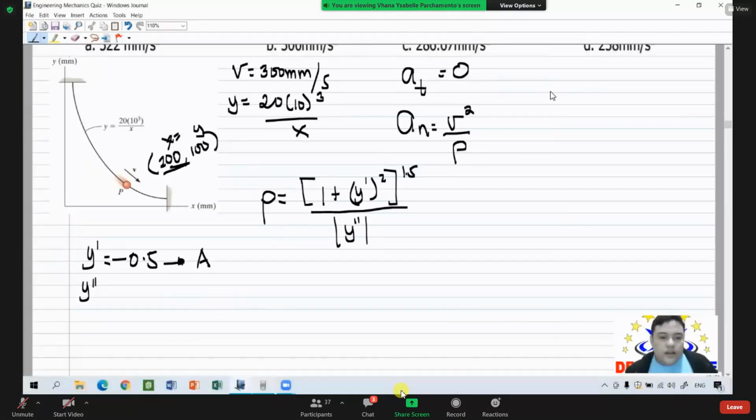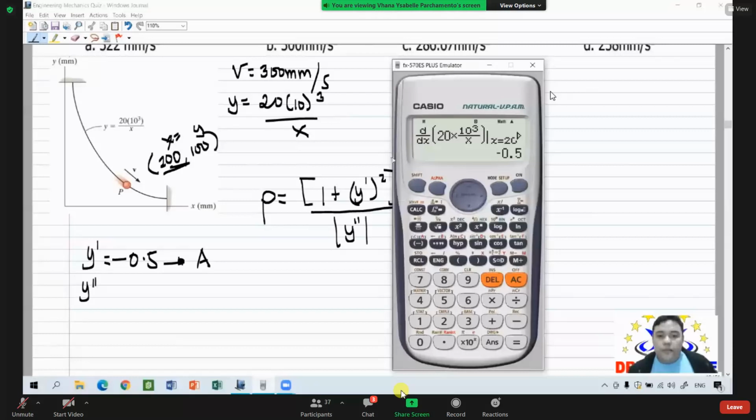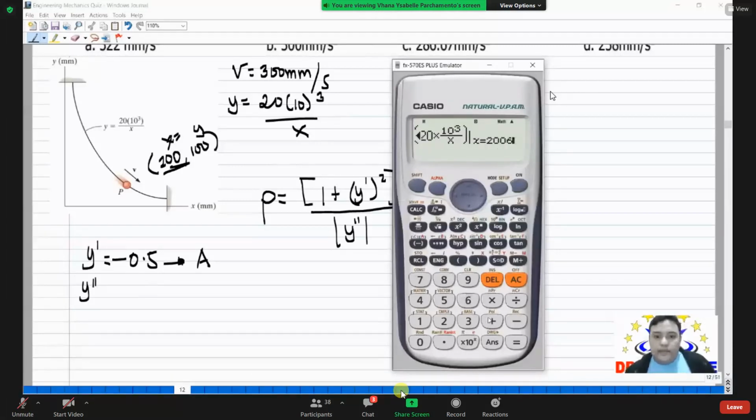So magpa-plus tayo ng small number dito. So that is plus tayo ng 0.000, apat na 0 tapos 1. So store na lang natin kay b. So shift store b. Store na ba natin yung isa kay a? Hindi pa. So ito store natin kay a. Yan.